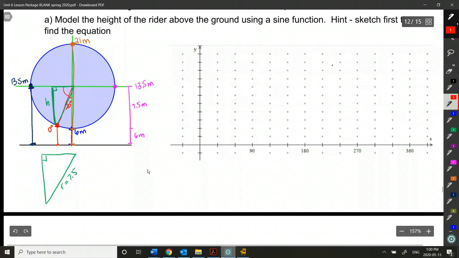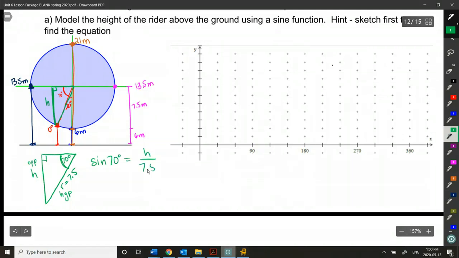And do I know this rotation inside here? Well, if this guy is 20, then this must be 70 degrees. So I'm going to enter that into my triangle, and I'm looking for this. If I know this is 70, that makes this opposite, and this is hypotenuse. So I'm going to use sine of 70 equals h over 7.5, and that means h equals about 7.5 times the sine of 70.